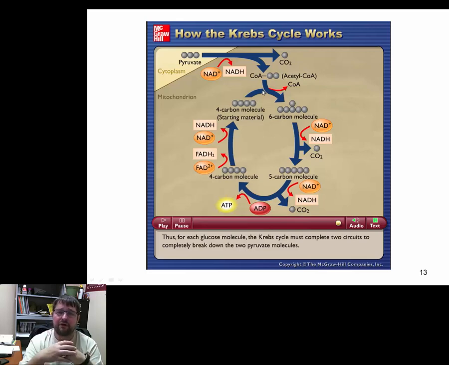When it does so, it's going to kick off the CoA, the coenzyme A, and bind the 2-carbon molecule to the 4-carbon molecule to form a 6-carbon molecule, and then on and on. So each one of these steps, there's at least one enzyme, if not more than that, to form these intermediate molecules until you return to the starting material. Just make sure that you understand that this is an enzymatically driven process.